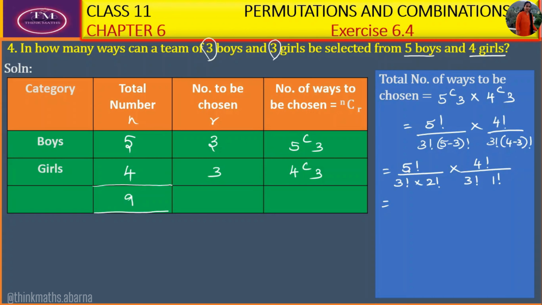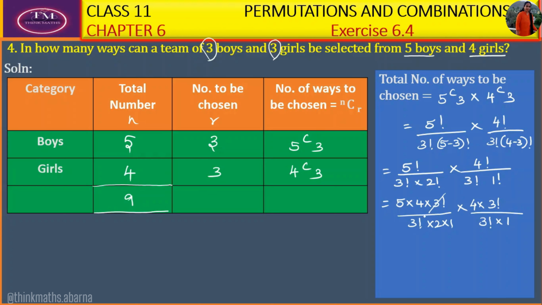Now, how to write this 5 factorial? It is 5 into 4 into 3 into 2 into 1. Instead of 3 into 2 into 1, we can write 3 factorial as we have 3 factorial in the denominator. This 2 factorial is 2 into 1 into, how to write 4 factorial? 4 into 3 factorial divided by 3 factorial. 1 factorial is 1.